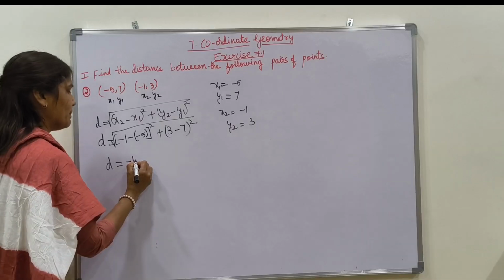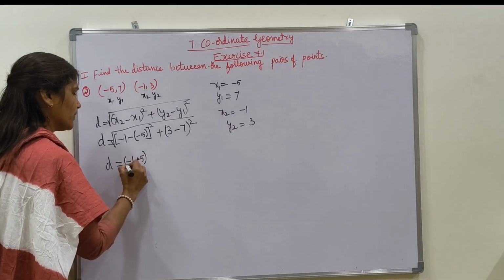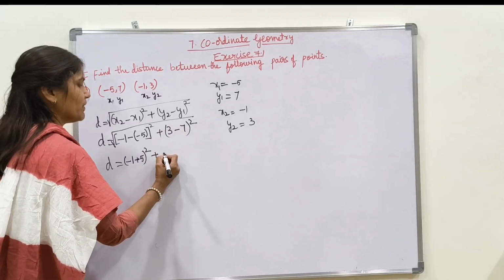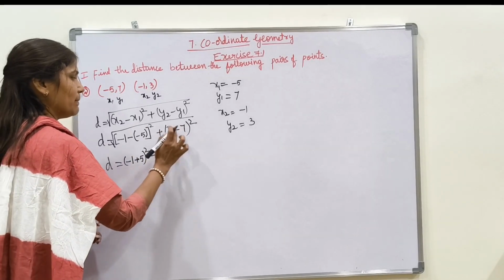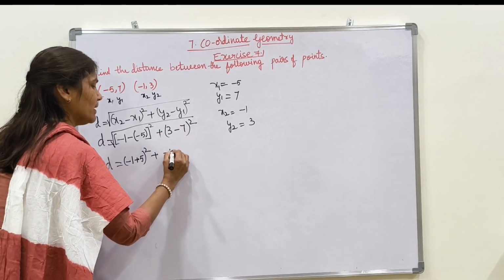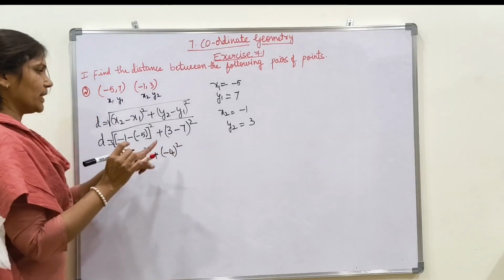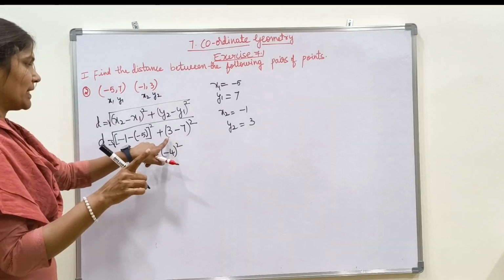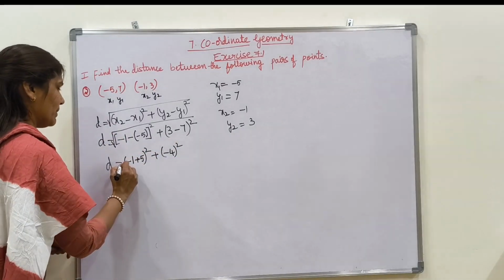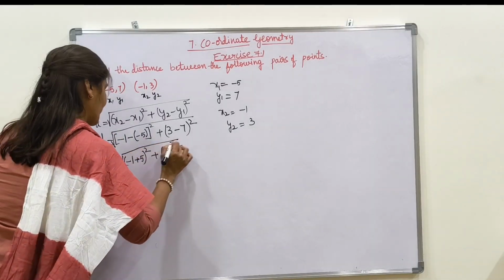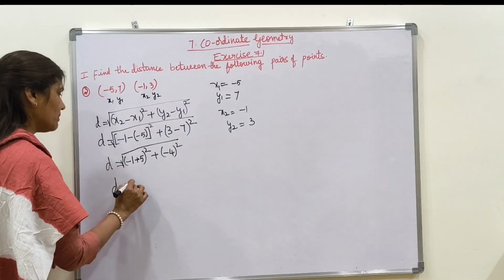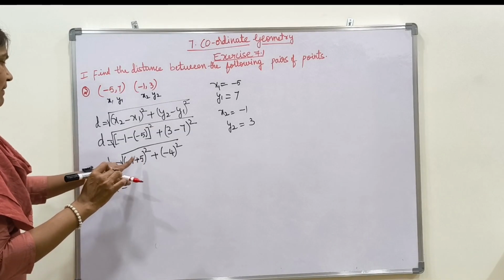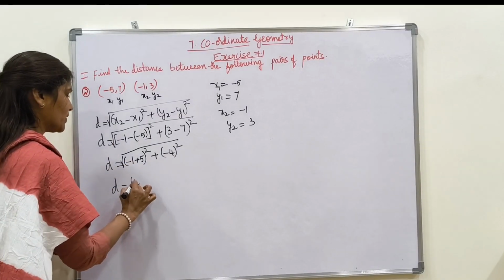Minus 1, minus into minus is plus 5, whole square, plus 3 minus 7. Small number to big number gives minus, so 7 minus 3 is 4, so minus 4, whole square, under root. Now simplify: minus 1 plus 5, the big number's sign is plus, 5 minus 1 is 4, so 4 square.